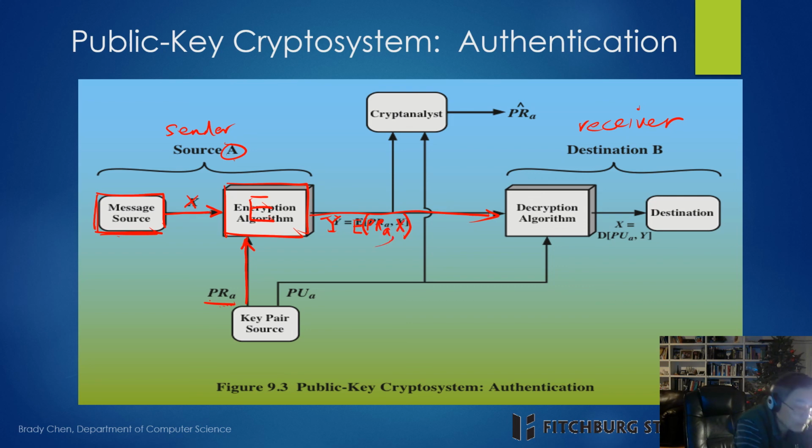So in here you can see the encryption algorithm, the private key of the sender, PRA, and the plain text. Now when the receiver receives the encrypted message Y, the receiver can use the public key of the sender.